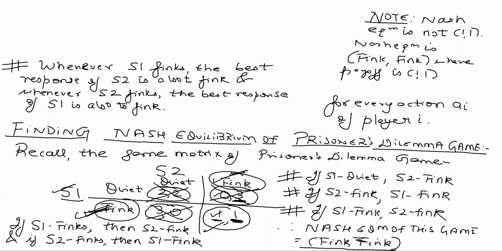So hence I can say that my Nash equilibrium of the prisoner's dilemma game is for both the players to think. So I hope all the students are clear with the concept of Nash equilibrium.